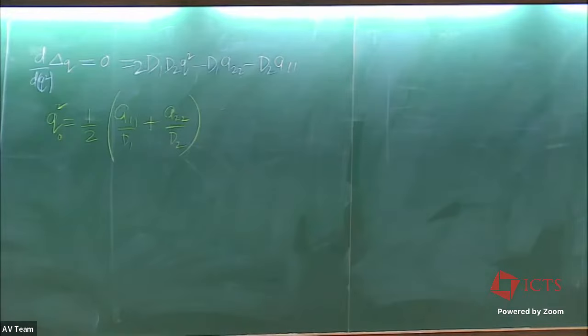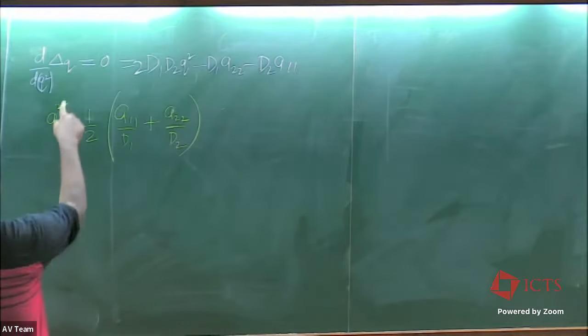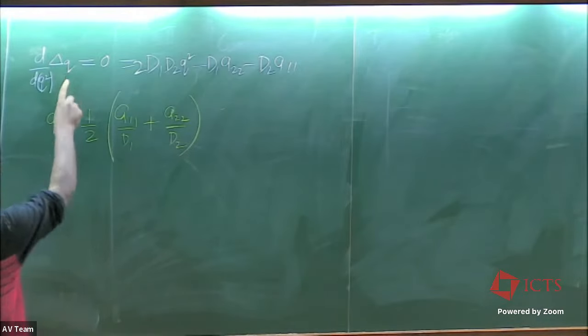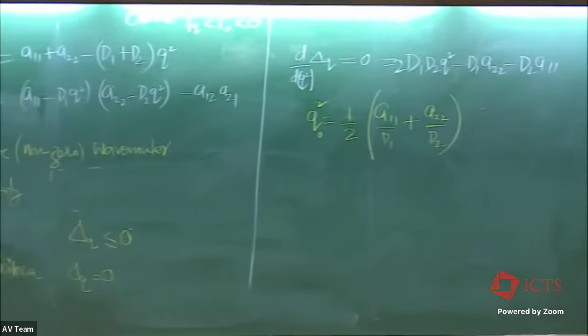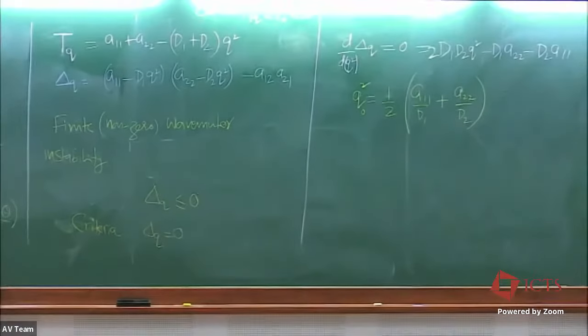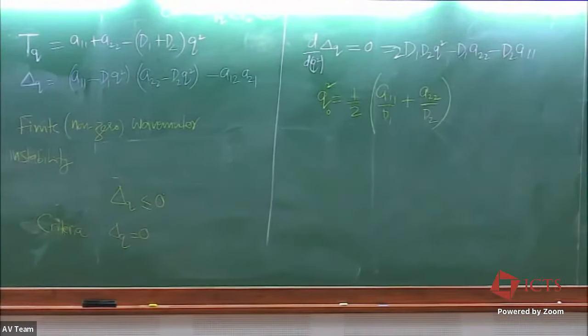So you always have a Q to minus Q. So that's the general guide. This is the Q naught at which delta Q vanishes. And so if I go beyond that point, delta Q will actually change sign. That signals that one of the eigenvalues can become positive, the real part. And so therefore, there's an instability.